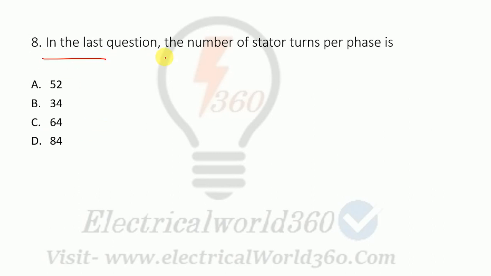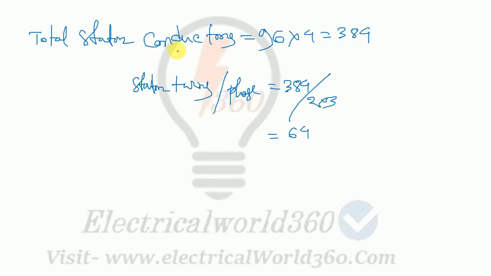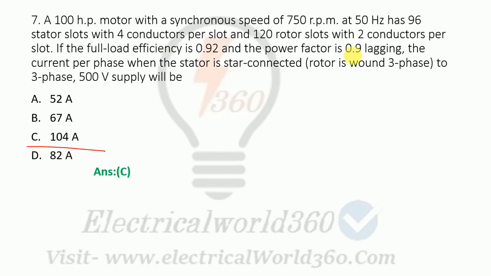In last question, the number of stator turns per phase is what? So as we know, the total stator conductors is 96 into 4. It will be 384. That means here you can see the 96 stator slots with 4 conductors.